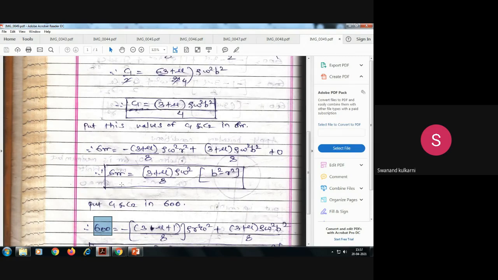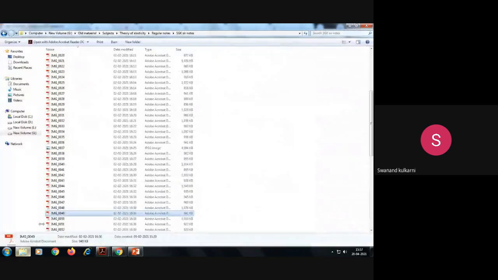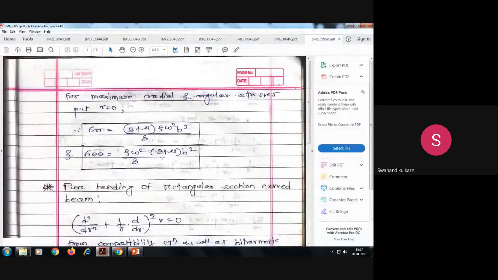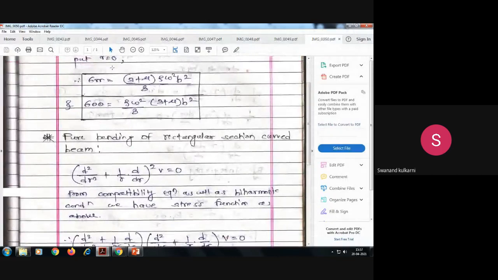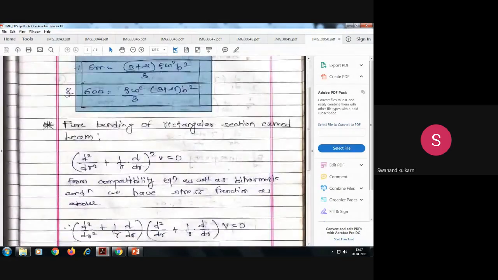So the value of sigma rr and the value of sigma theta theta can now be substituted here, and by substituting we get these two stresses, sigma rr and sigma theta theta. But this particular condition is for the solid disk. Is it okay? So sigma rr and sigma theta theta are combinedly given here.